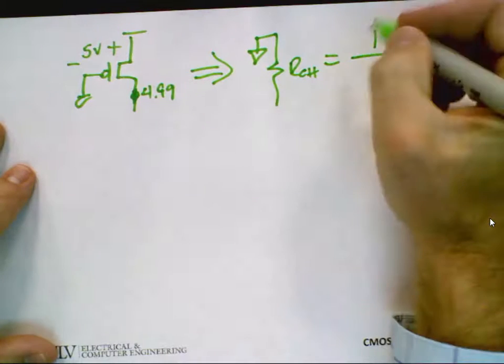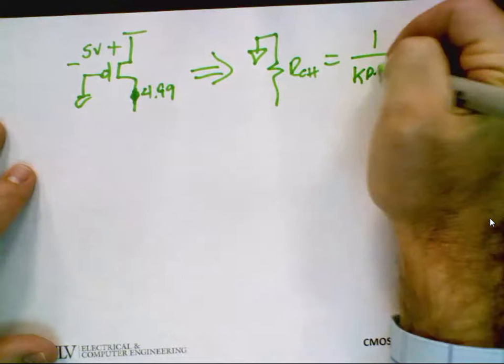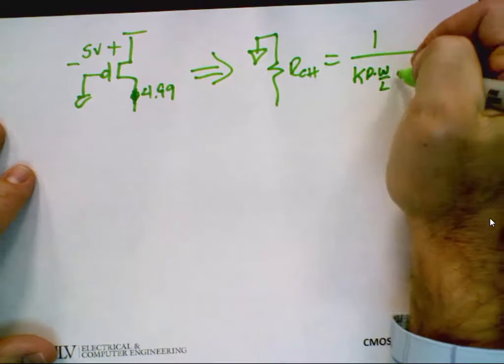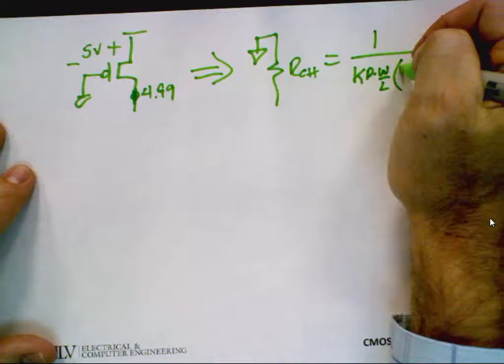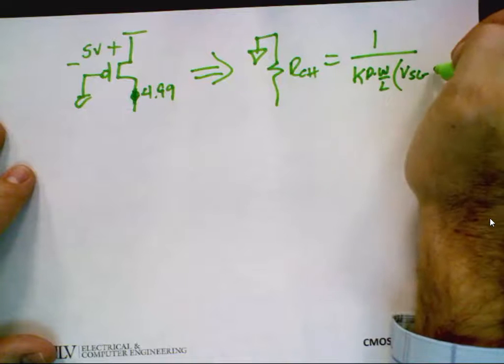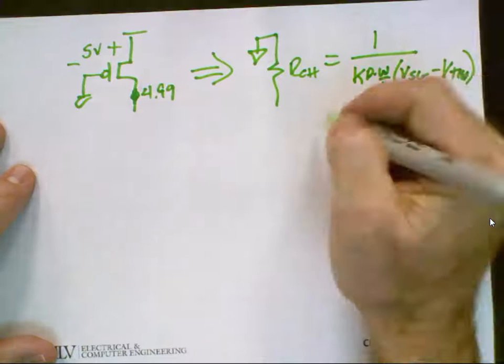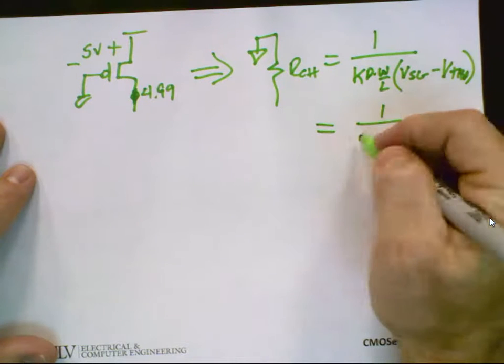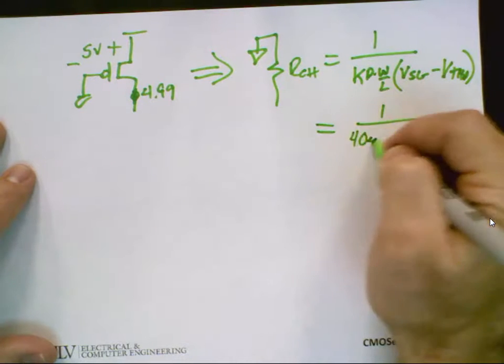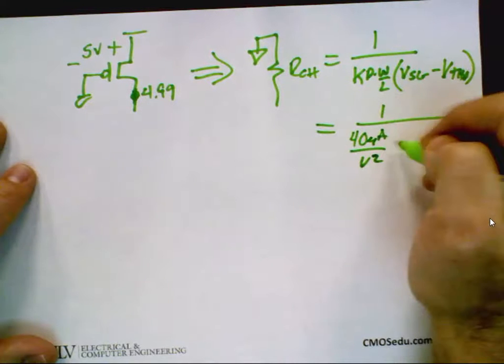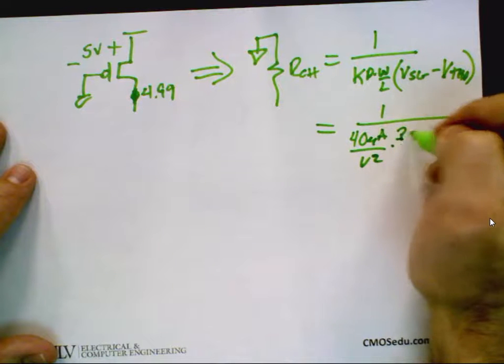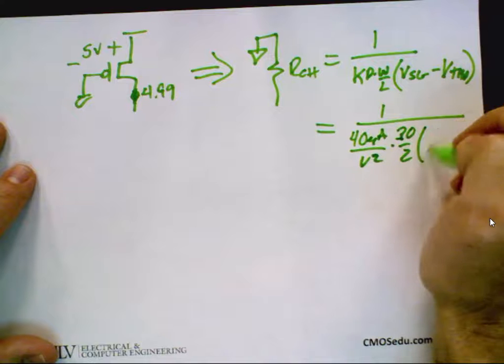1 over Kp times W over L times VSG minus VTHP. Let's calculate that real quick. That is 40 microamps per volt squared times 30 over 2 times 4.1.